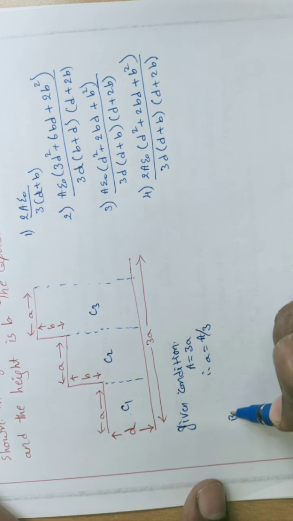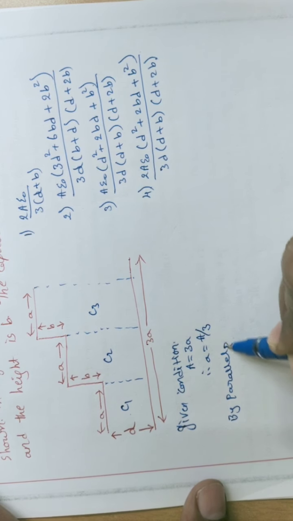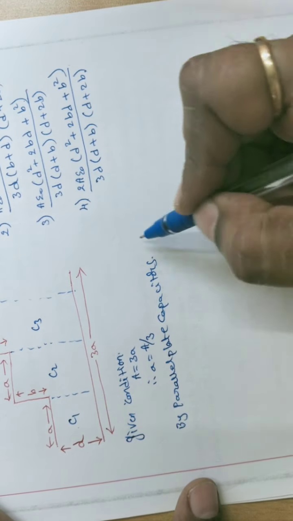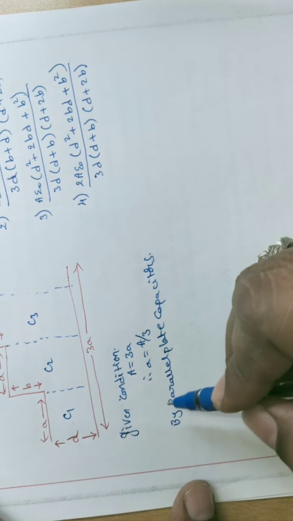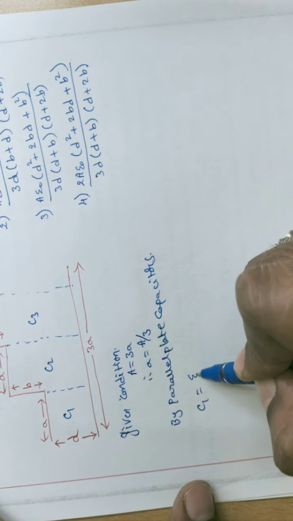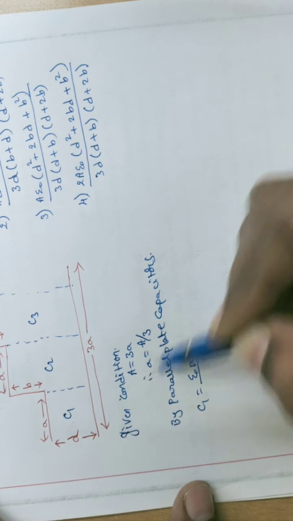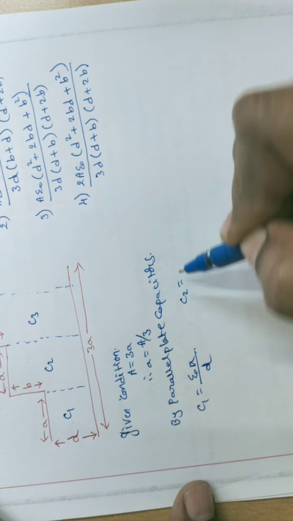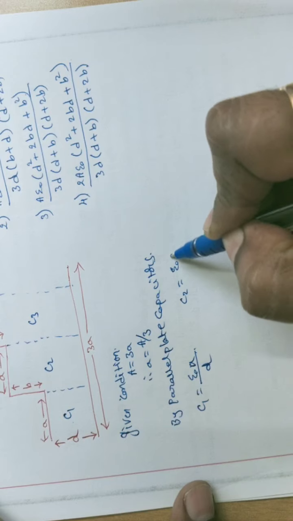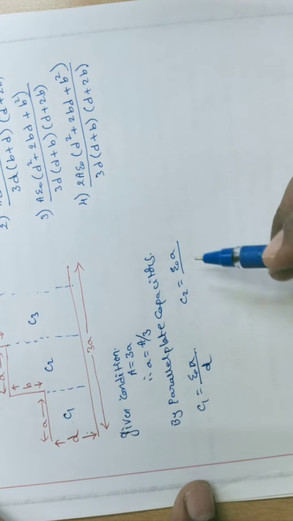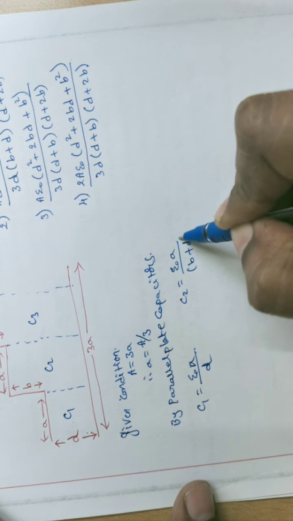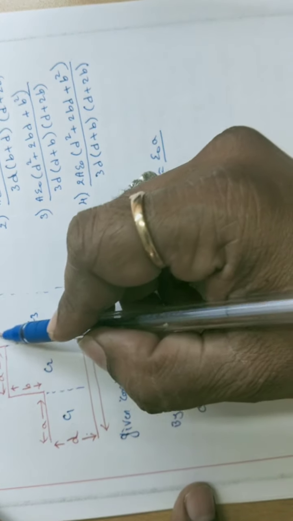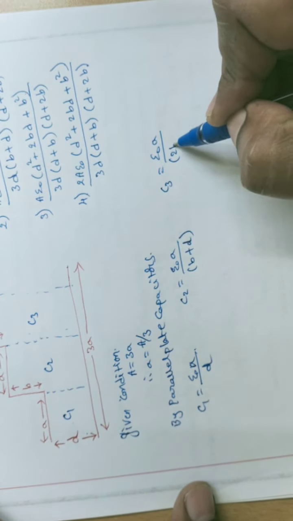By the parallel plate capacitor concept, we know C is equal to epsilon naught A by D. So the C1 value is epsilon naught small a divided by D, since D is the distance here. C2 is epsilon naught a by (B plus D), and C3 is epsilon naught a divided by (2B plus D).